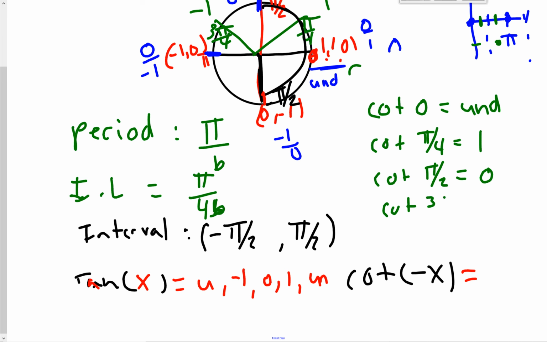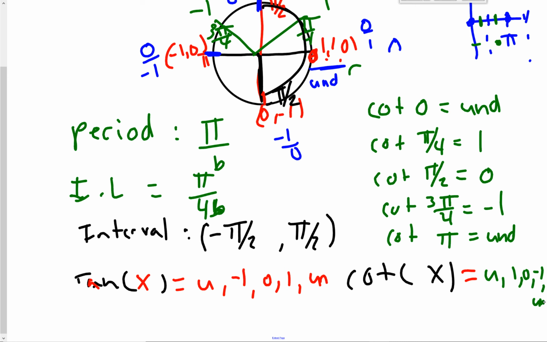Then at 3/4 pi, it's at negative 1, just like tangent. And then cotangent of pi is back to undefined, where tangent is 0. So for cotangent, it goes undefined, 1, 0, negative 1, back to undefined.